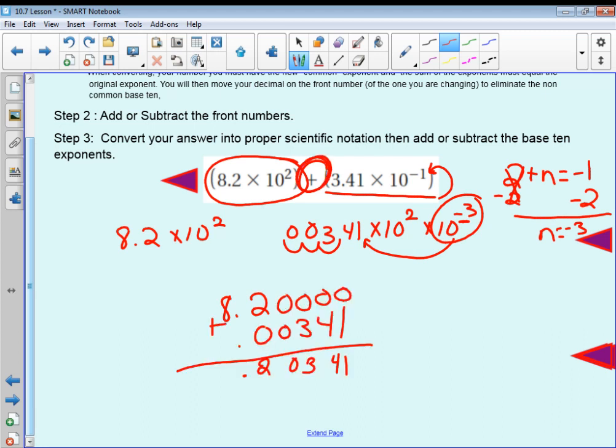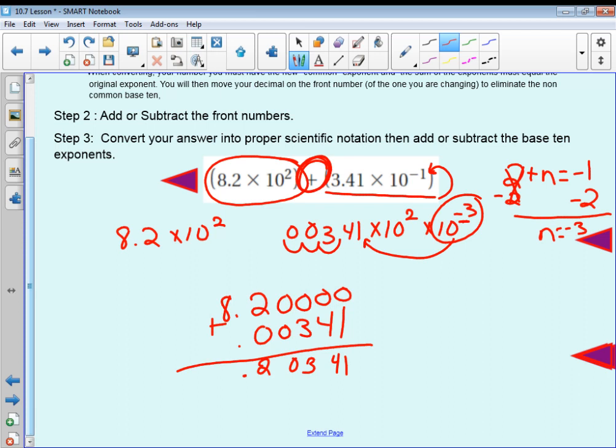That's in proper scientific notation. So I'm just going to bring down my times 10 to the power of, what was common? 2. If you choose to convert it to the -1, you're still going to get the same answer. It's just that once you do it, I would have had to move my decimal to get it to proper scientific notation.